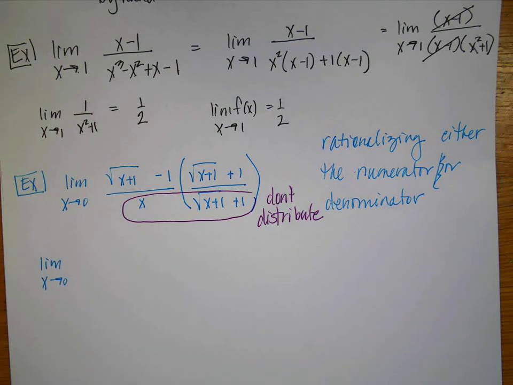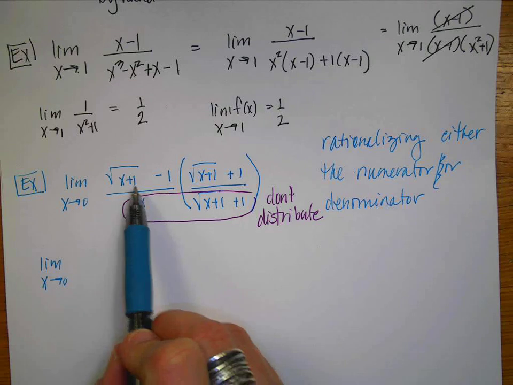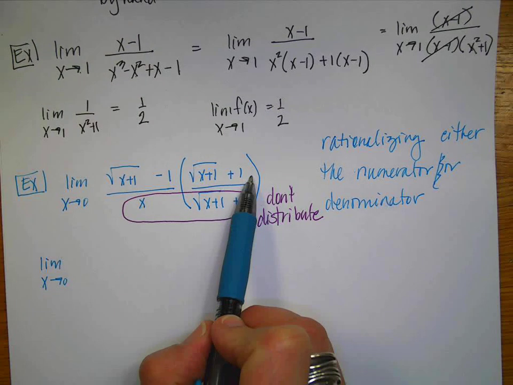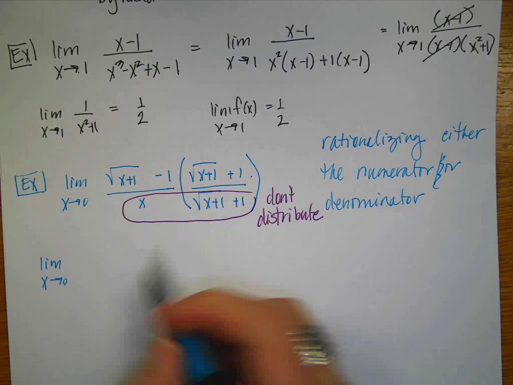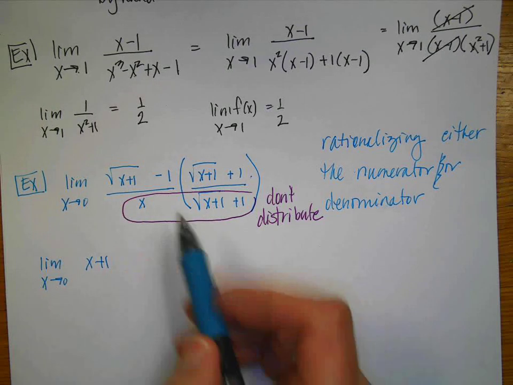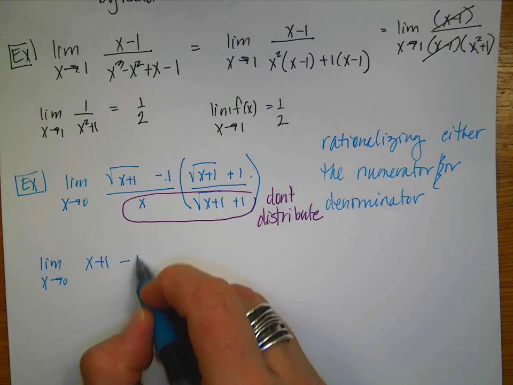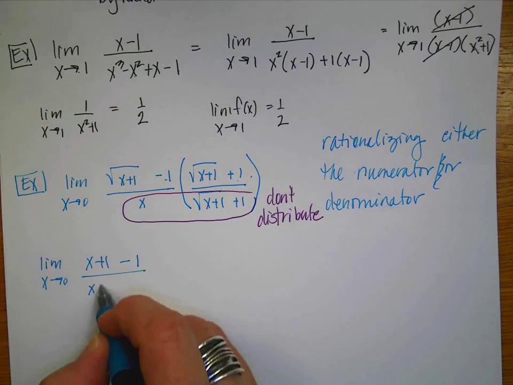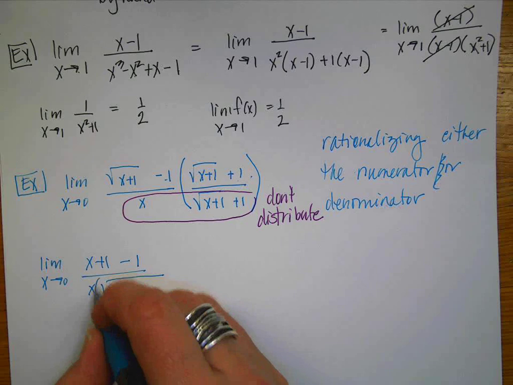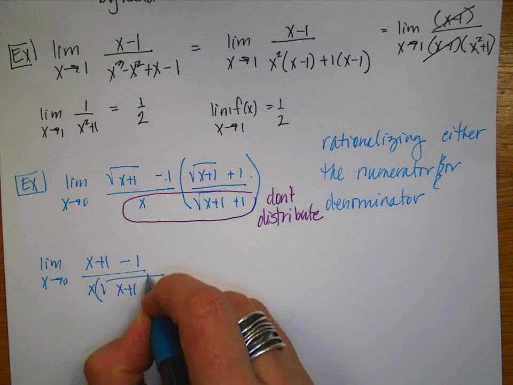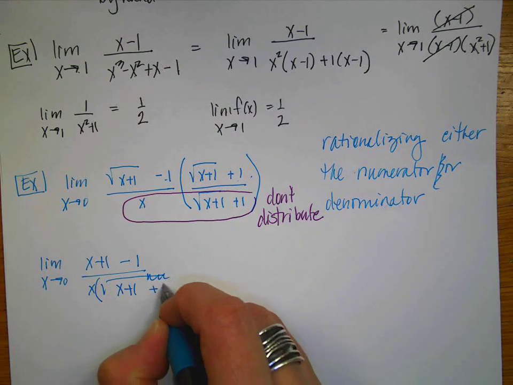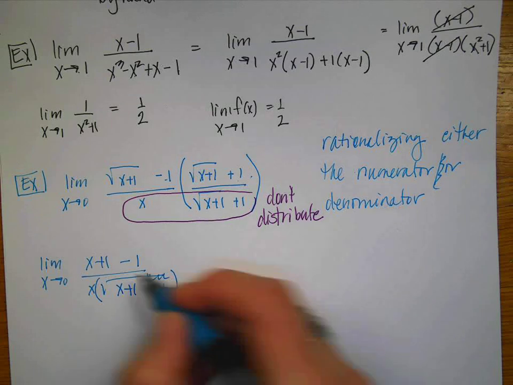Remember, I have to carry that notation until I get to direct substitution. This is a conjugate pair, so it's going to be the first thing squared, which is x plus 1, and then minus 1, over x times the square root of x plus 1, plus 1.